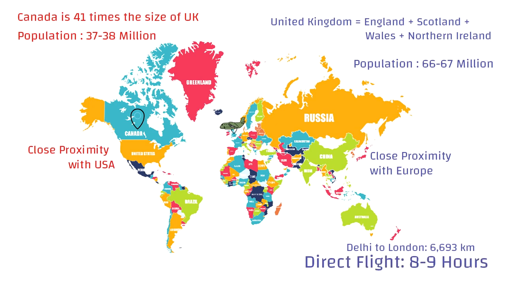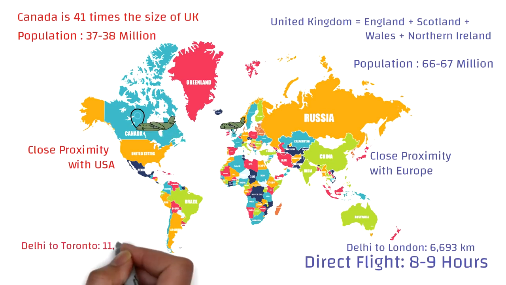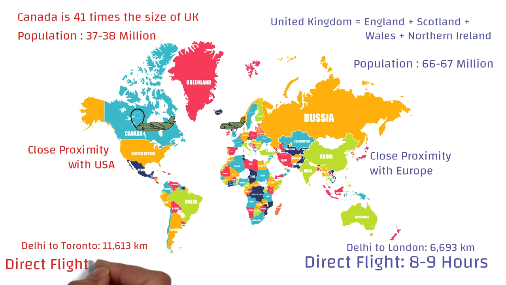And for example, if you're planning to immigrate from Delhi to Toronto, the distance is around 11,600 km, which is approximately close to double if you compare from Delhi to London. So the direct flight would actually take around 13 to 14 hours, which means if you want to stay close to your home country, and if your home country is India, Bangladesh, Pakistan, immigrating to UK would be a little easier because commuting would take less time.